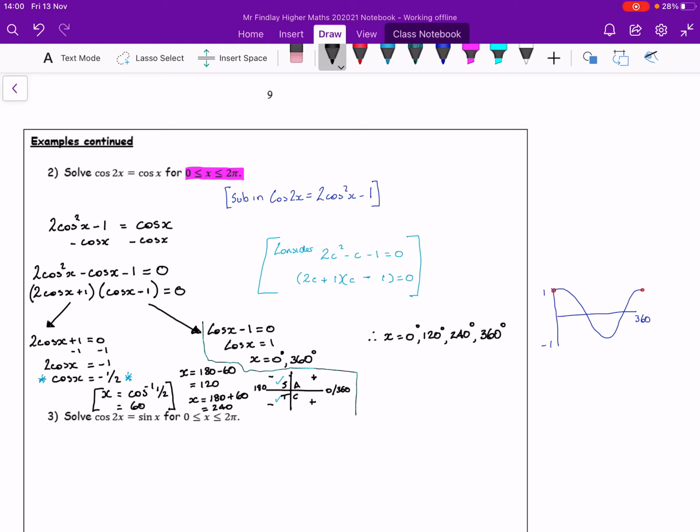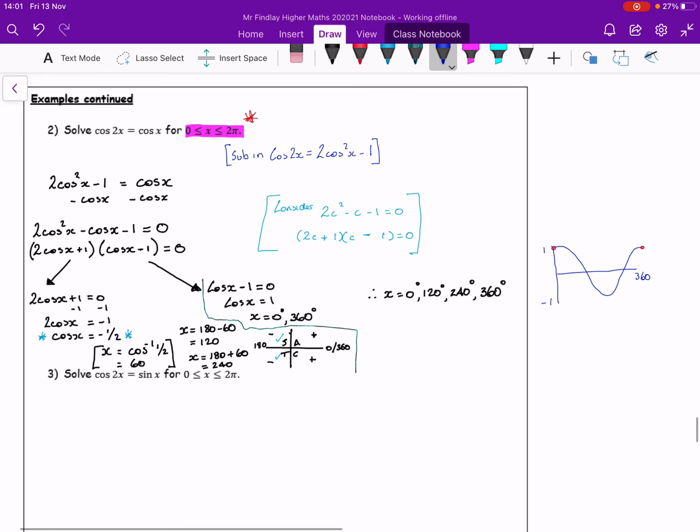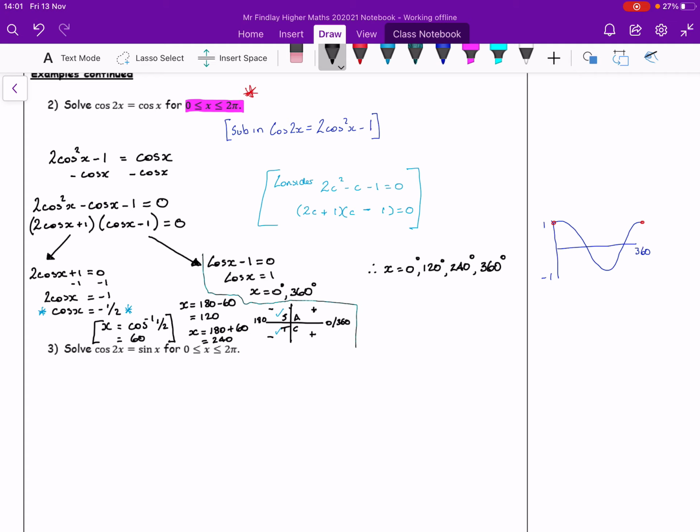However, I need to go back to my question, and the solutions are looking for between 0 and 2 pi, so 0 and 360, but in radians. Okay, and you're converting in radians.